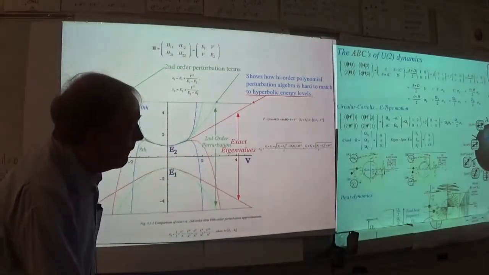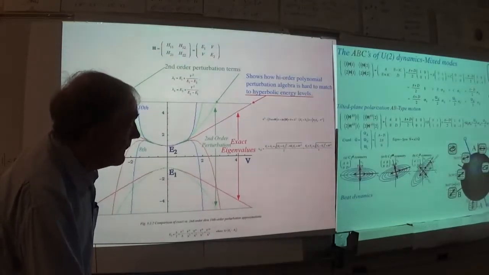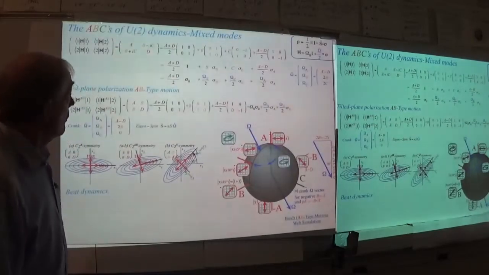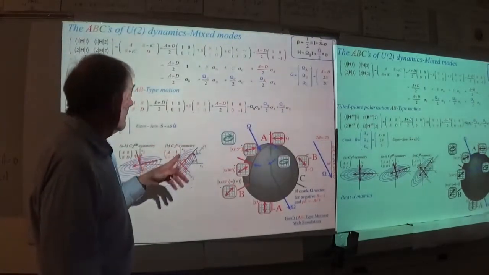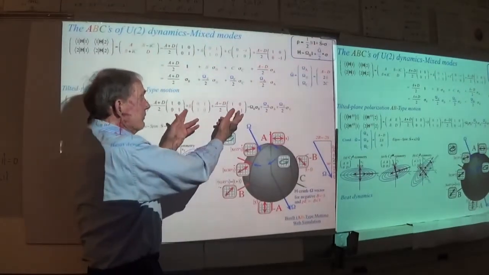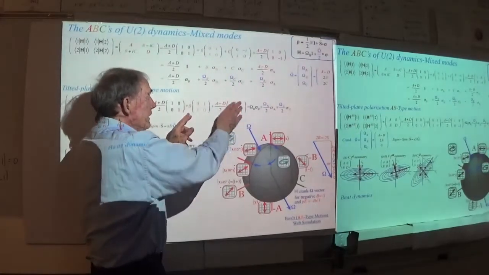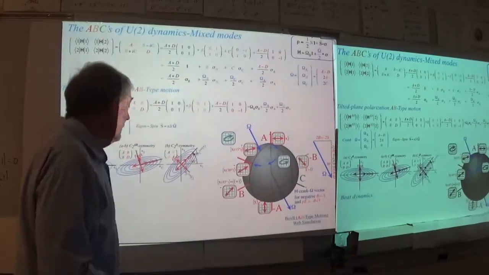Okay, so let's go ahead here. This is what we're dealing with if we include two of these at once. Okay, this is the simplest case. The A and B mixtures, A, D, and B really, but this is what we call the A matrix, and this is what we call the B matrix for the Hamiltonian.